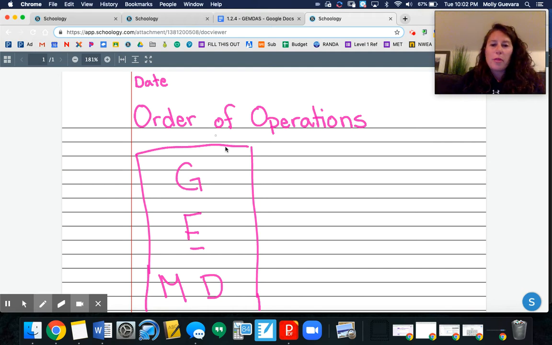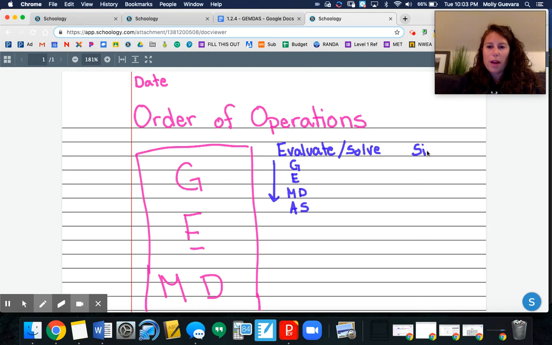A couple things that I want to point out to you. I'm going to change the color because this is a lot of the same color. If you are asked to evaluate or solve, where it says solve for something or evaluate, you're going to go down the order. You're going to go G, E, M, D, A, S. So you're going to use GEMDAS.